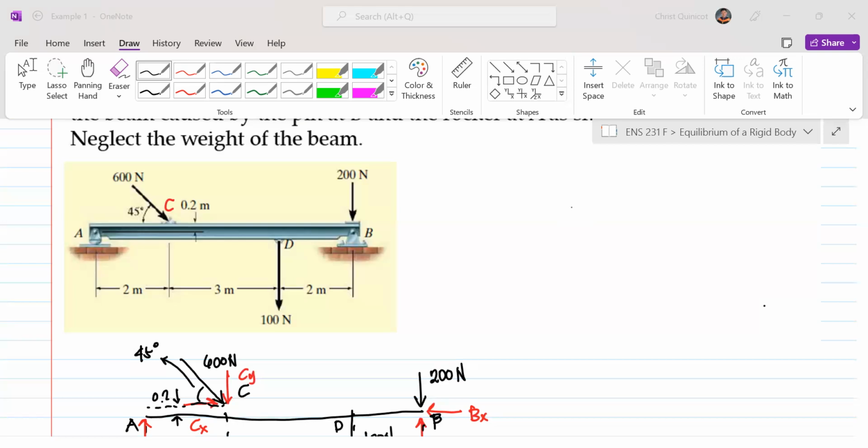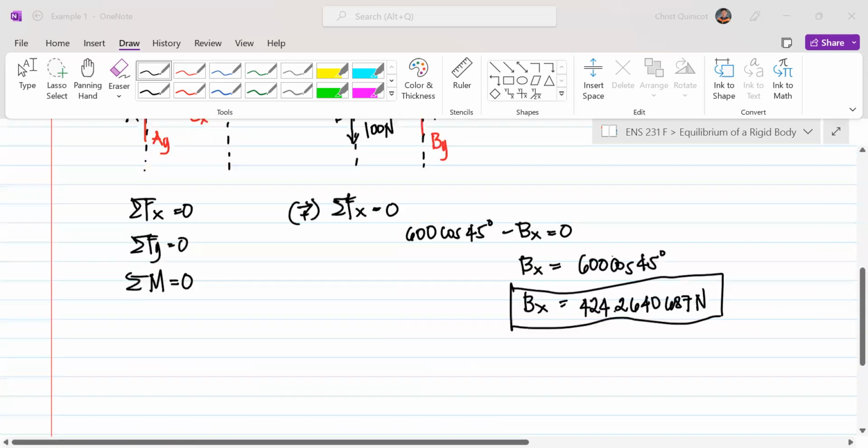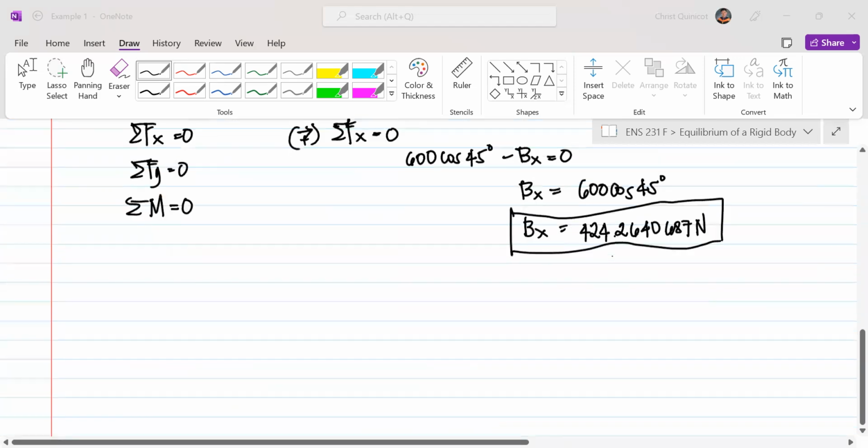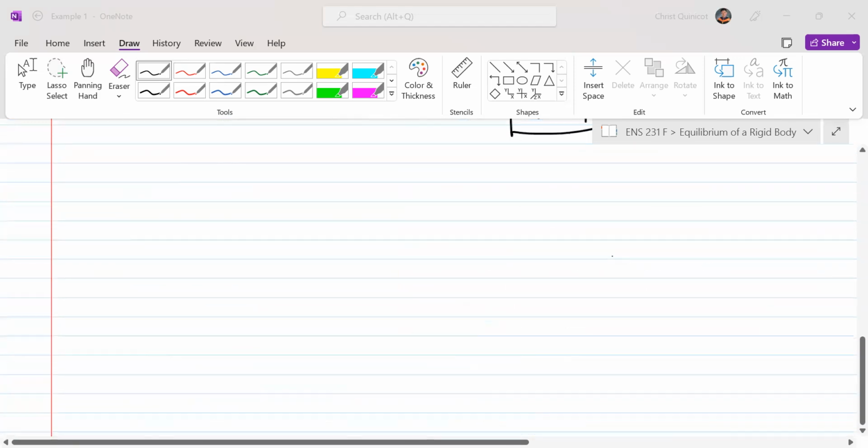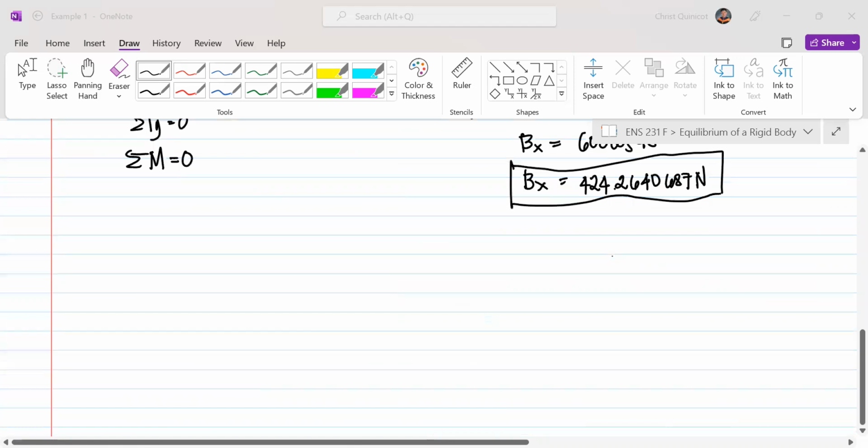So it's either we do summation at point A or at point B. Let us say I will do moment summation about B. But if you want to do moment summation about A, there is no problem.